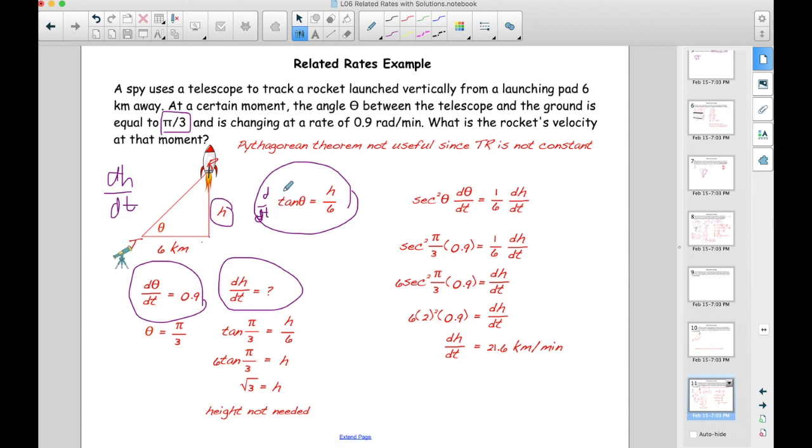So the derivative of tan is secant squared theta. So it's secant squared theta times d theta by dt is 1/6 dh by dt. I'm viewing that as 1/6 h. So it's 1/6 times dh by dt. So it turns out I did need to know what theta was.